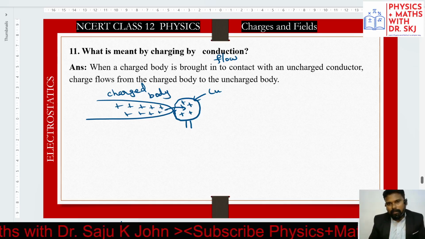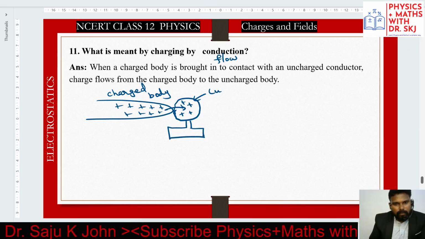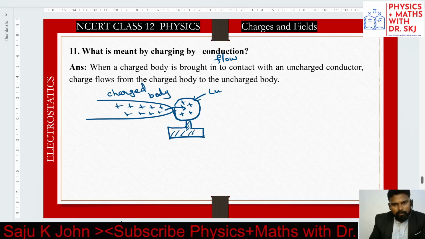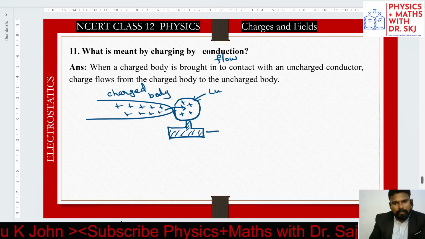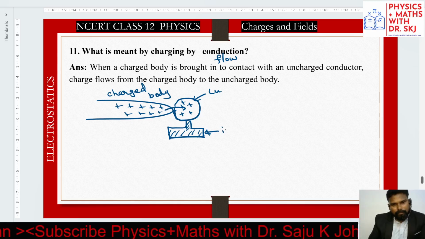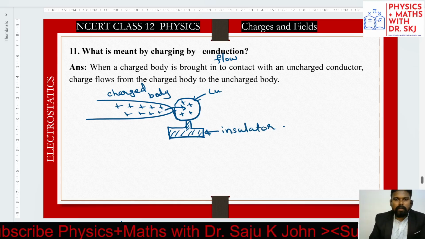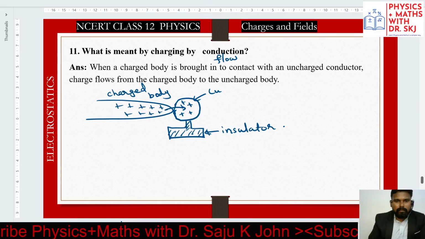Why? Otherwise the charges will flow to earth. So we have to keep the conductor over an insulating or isolating stand, then the charge will remain there in the conductor.